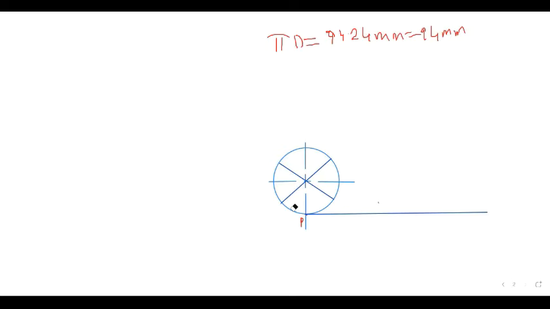By using the 45 degree set square, we divide the circle into 8 equal parts. So this will be 1, 2, 3, 4, 5, 6, 7, and 8 will be P.